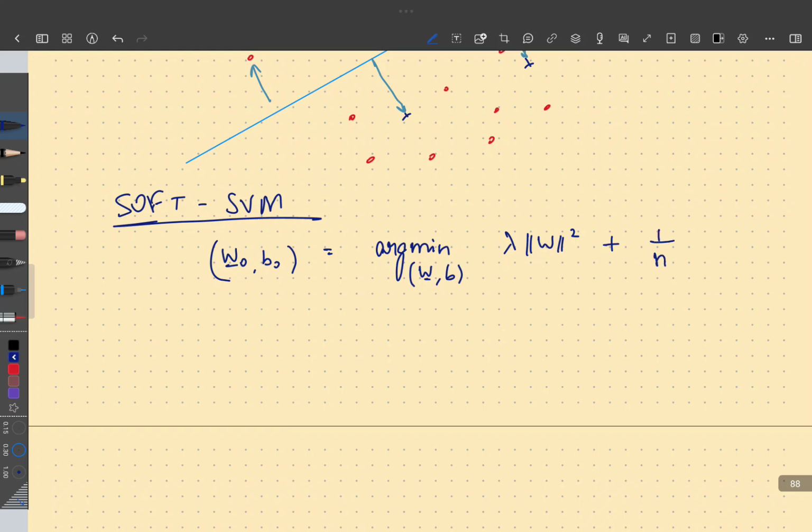Plus 1 by n, summation i equal to 1 to n, xi i. I should clarify that this is minimization over W, B, and xi.